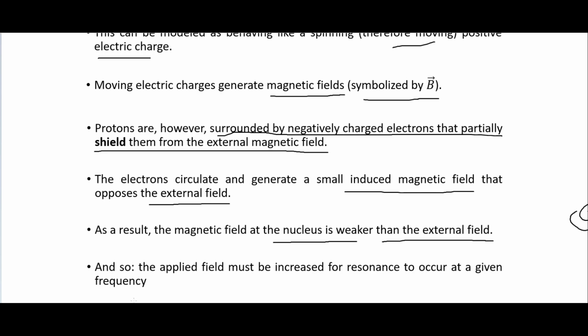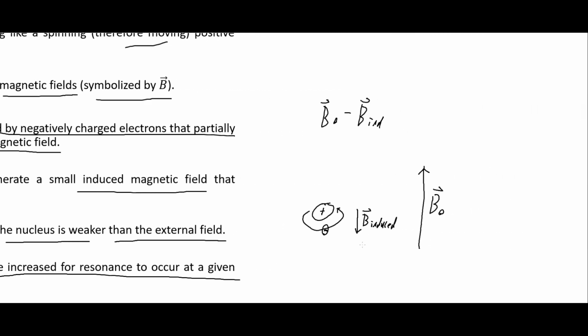And so, like I said, the applied field must be increased for resonance to occur at a given frequency. If we want a given frequency of our magnetic field to be felt inside, we would have to increase our external magnetic field in order to get to that level of magnetic field at the nucleus, because we have to overcome that B induced.